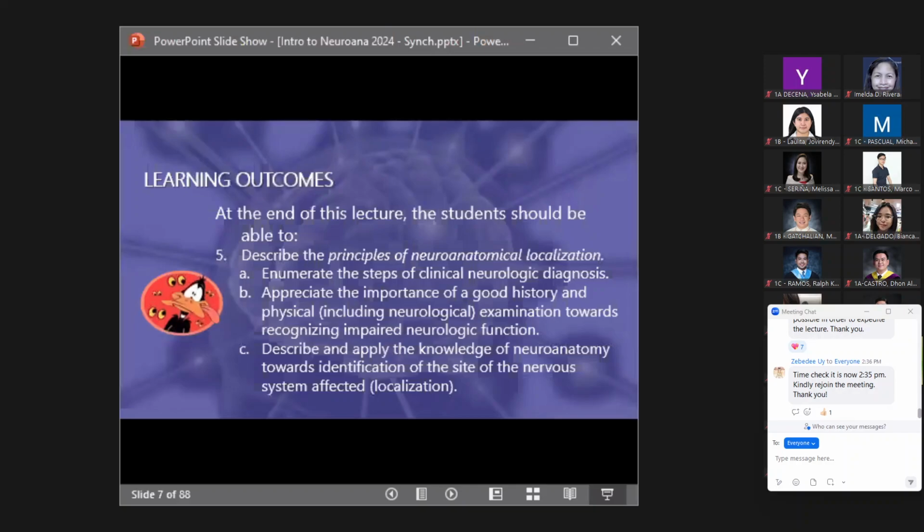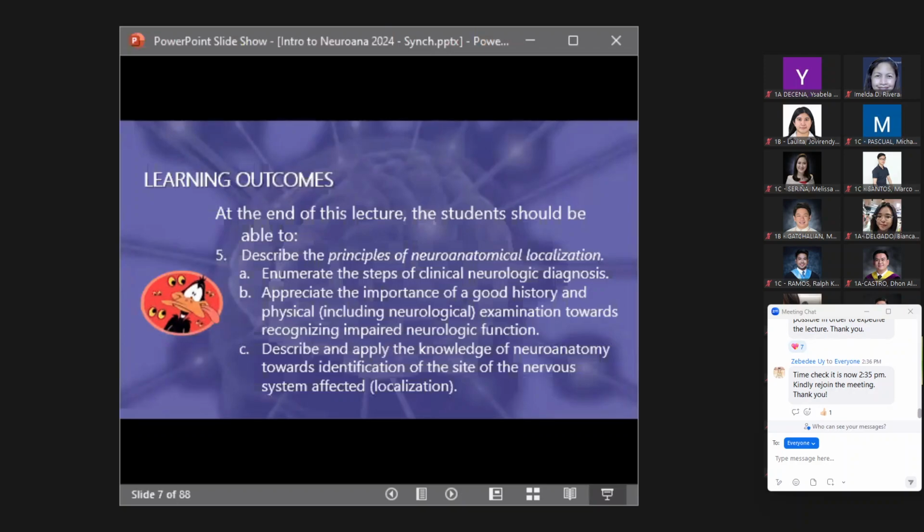The idea of our neuroanatomical course is towards identification of the possible site affected in cases of patients with neurological deficit.